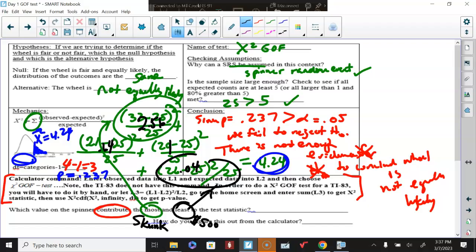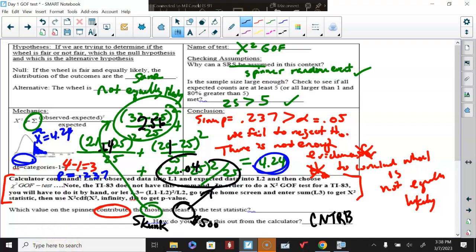So again, which one contributes the most and the least? We can get that from the calculator, where the CNTRB stands for the contributions to your test statistic. And that's really basically telling you what each ratio adds up to.